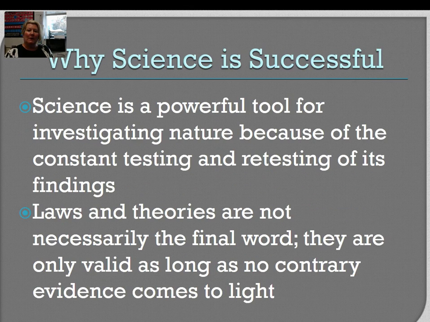So keep in mind, science is successful because laws and theories are not necessarily the final word. They are only valid as long as nothing else comes to light to indicate that they are no longer valid.